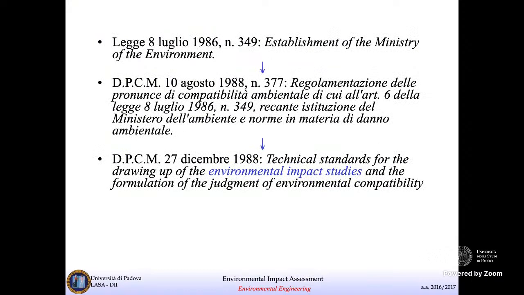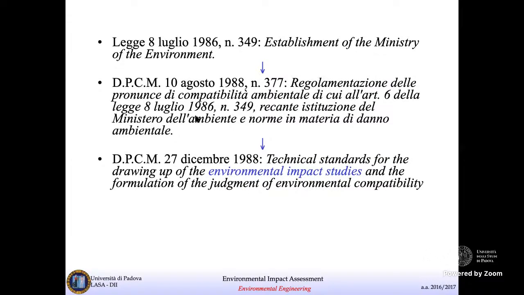So, some other legislative efforts besides 1986. The steps are: 1986 Law 349, establishment of a Ministry of Environment, then some decrees in 1988 with some specification of its implementation have been stated.